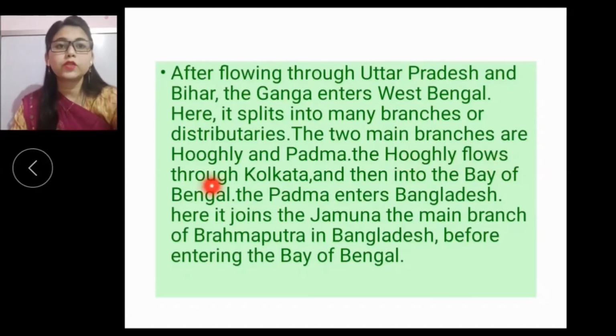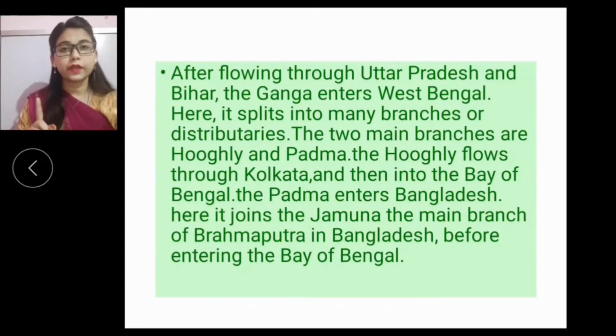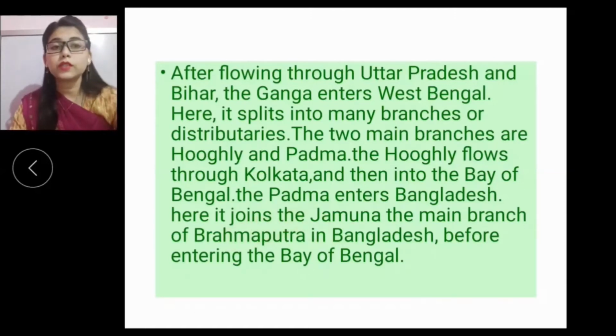The Hooghly flows through Kolkata and then into the Bay of Bengal, and the Padma enters Bangladesh, where it joins the Jamuna. Jamuna is a different river and Yamuna is a different river, so don't get confused between Jamuna and Yamuna. It joins the Jamuna, the main branch of the Brahmaputra, in Bangladesh, before entering the Bay of Bengal.